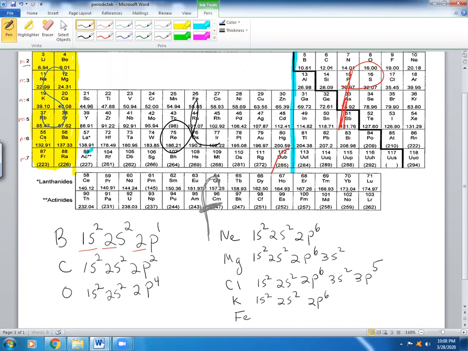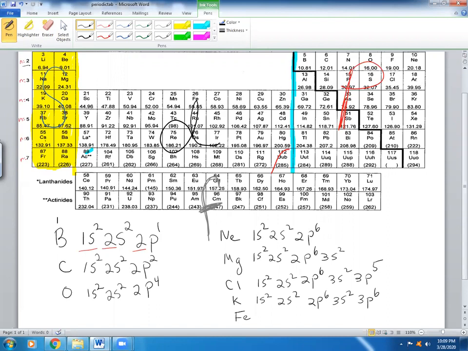Keep that in mind. We're building up. 3s2, 3, this is the S area, S2. 3p6, because I filled up all of these. 1, 2, 3, 4, 5, 6. 3p6. Why? Because I'm going to potassium. So I have to go through all of these.